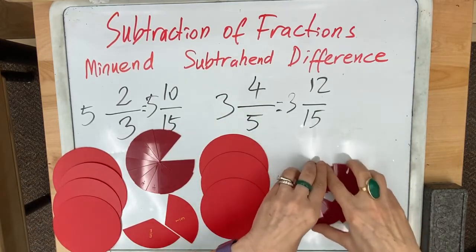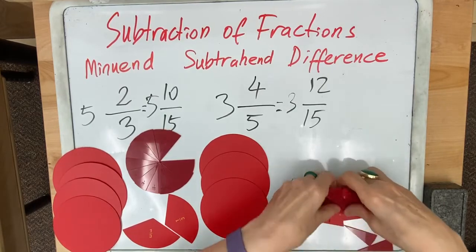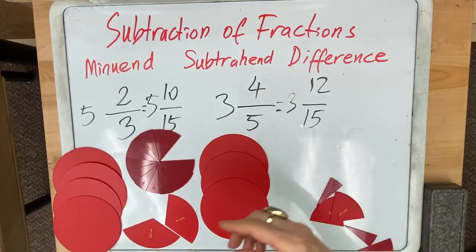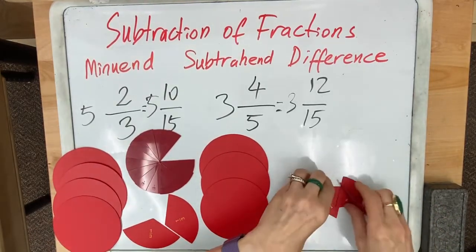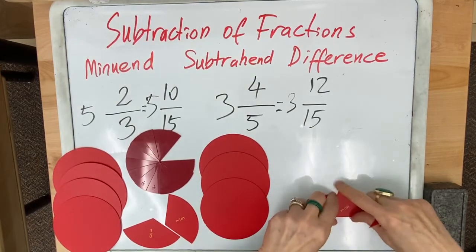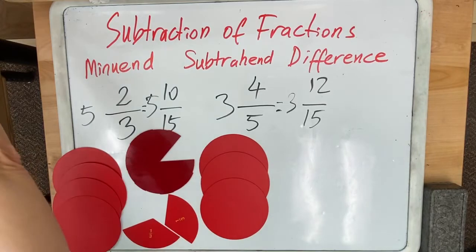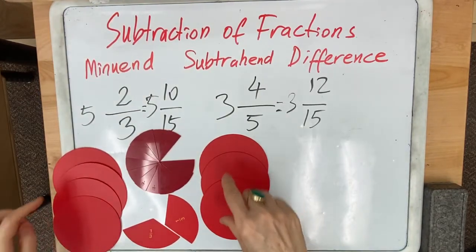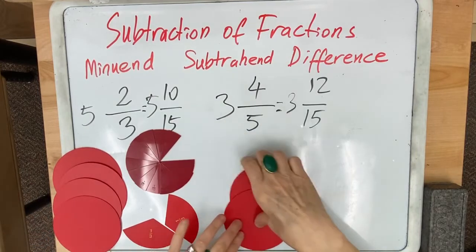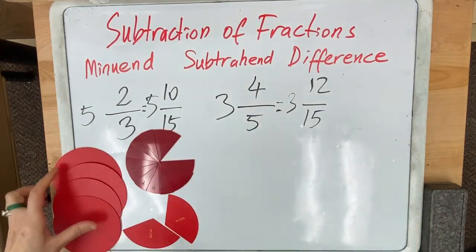So I took all that away. And now I can take 3 wholes from 4 wholes. So 3 and 3.